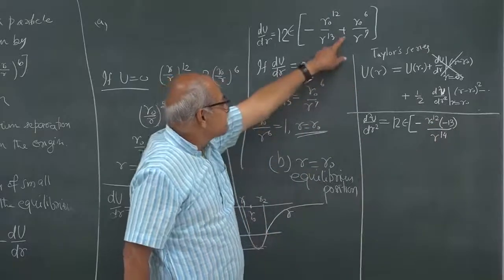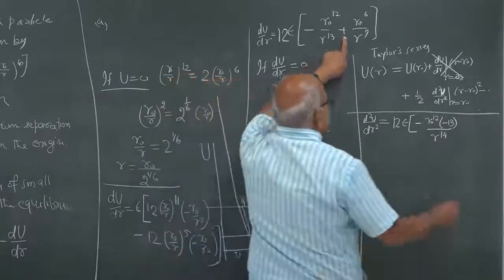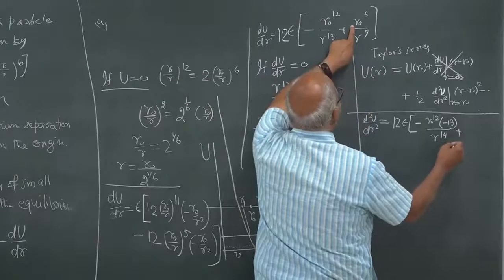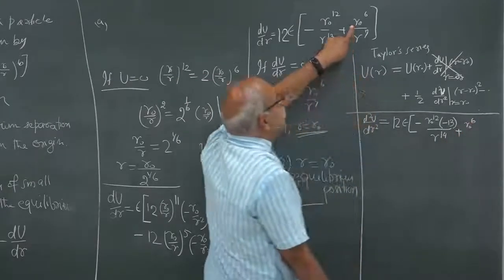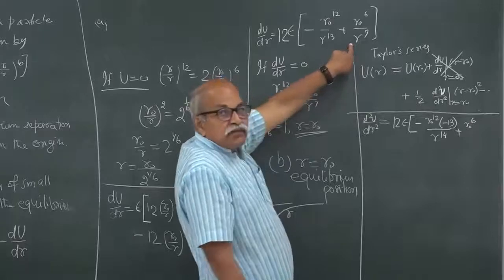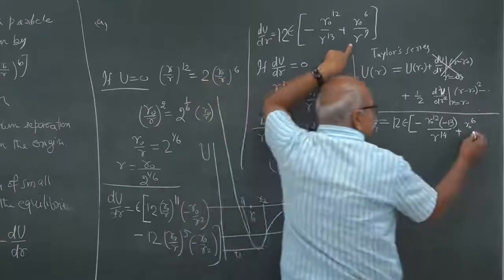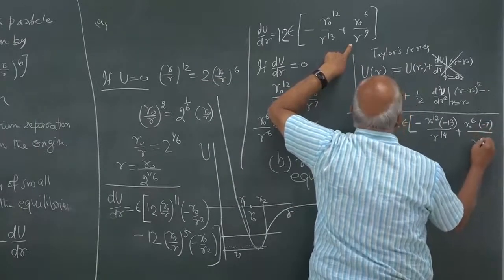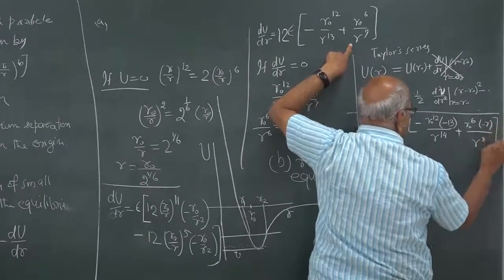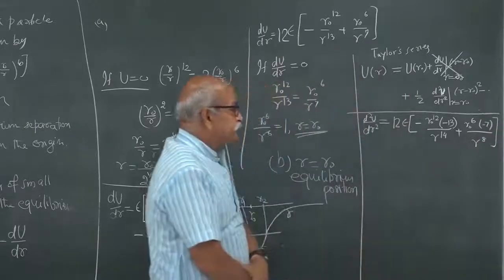Now, come here, plus r naught to the power 6. So, this is r naught to the power 6, and then I have to differentiate r to the power minus 7. So, minus 7 here and then r to the power 8 here. So, that is the differentiation.